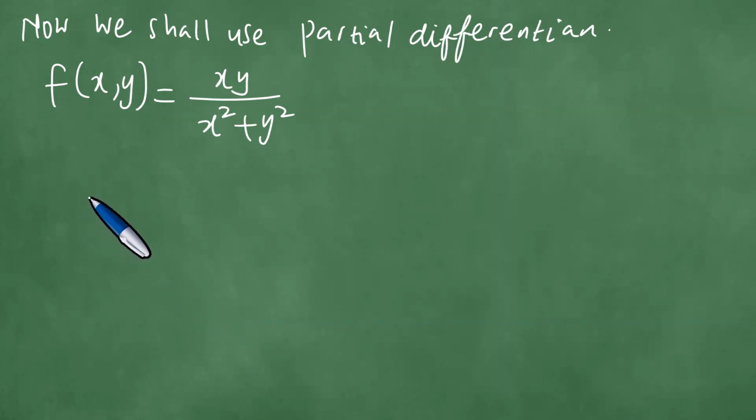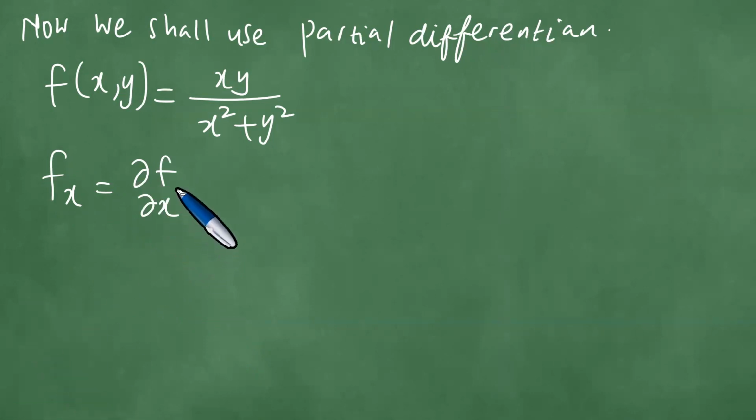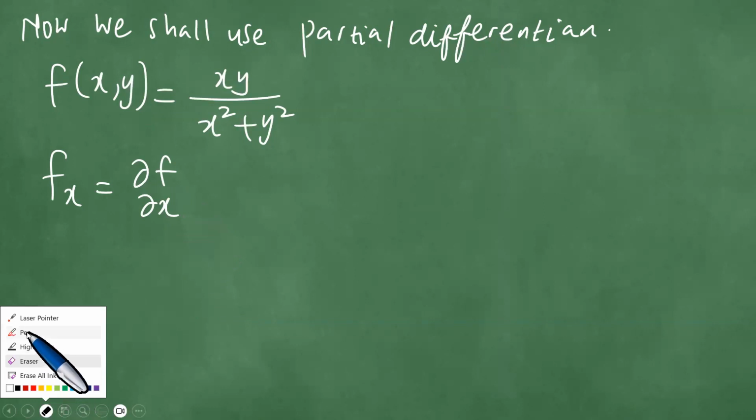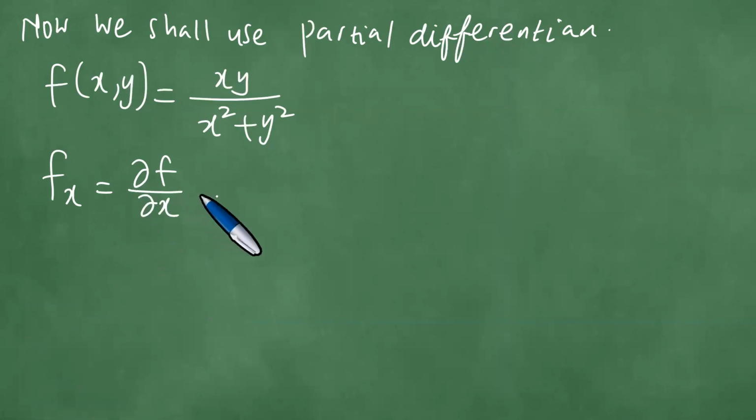So we begin by saying f subscript x is the same as the partial derivative of f with respect to x. If this is the case, using the partial derivative method, we're going to use the quotient rule here because this is a quotient.